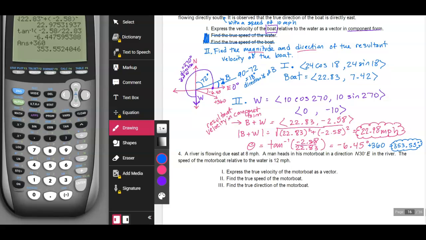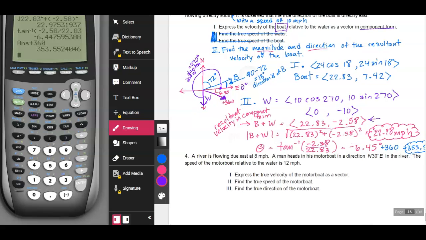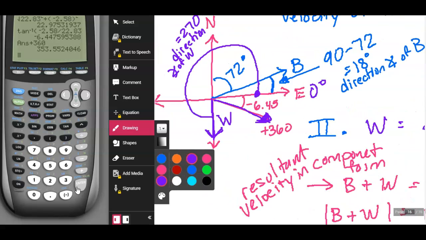So there's two ways that you can know what quadrant it is. Either look at its component form, right? It goes from 0, 0 to a positive 22.83 on the x-axis, negative 2.58. That would lead you to this vector. Or you can think of it as the average direction between this vector and this one.